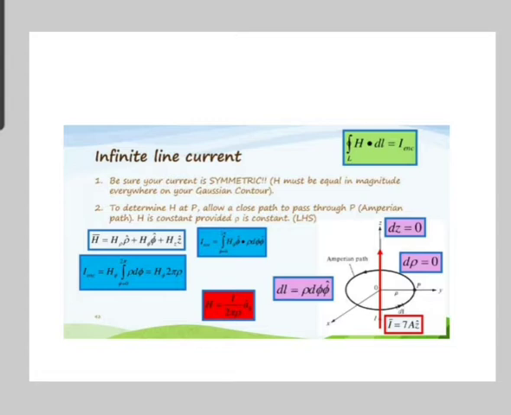Now if we consider dl as an incremental path length along L, then current I will be the integration of K into dl, and this current sheet is placed in the z equal to 0 plane, while the current I is passing in the positive y direction, and this current sheet consists of a large number of current carrying filaments.